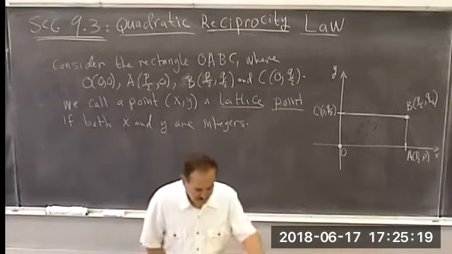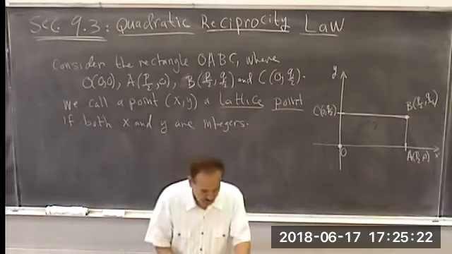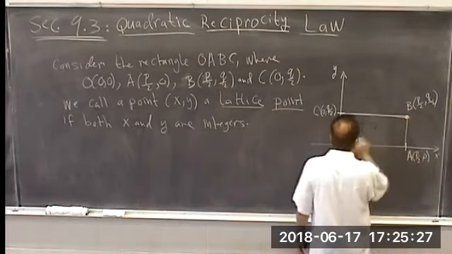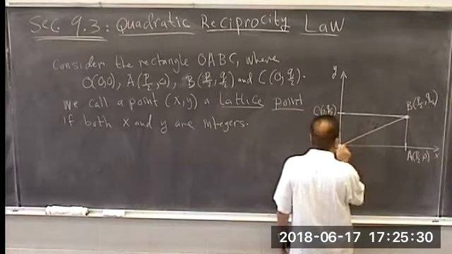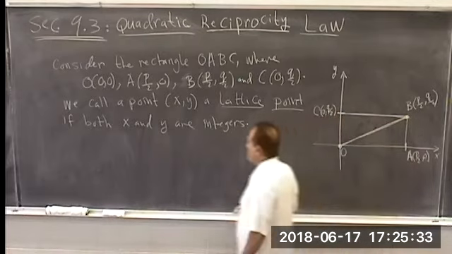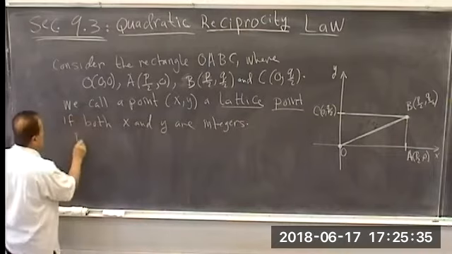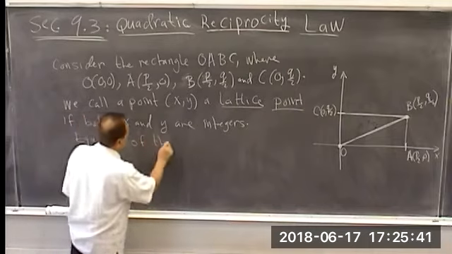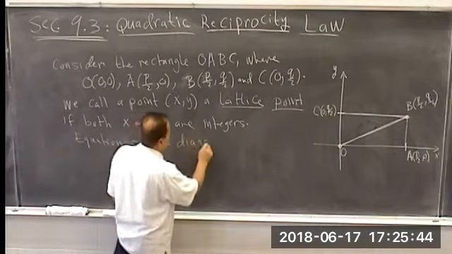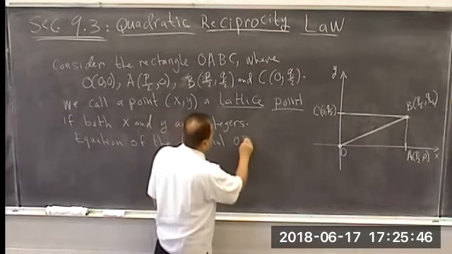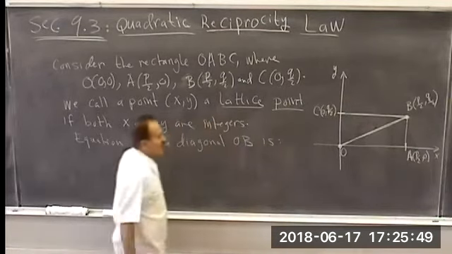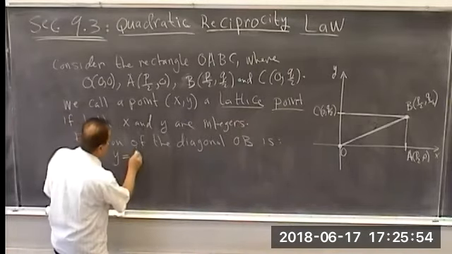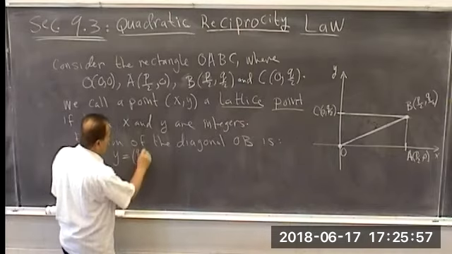All right. Now, let's look at the equation of the diagonal, which goes from O to B. The equation of the diagonal OB is given by y equal to q over p times x.